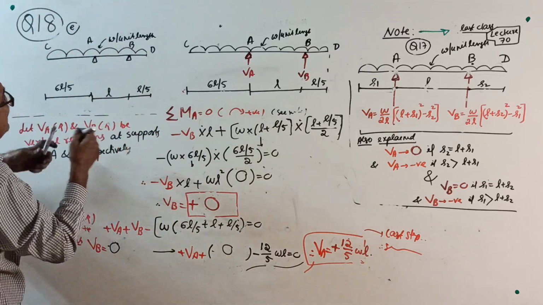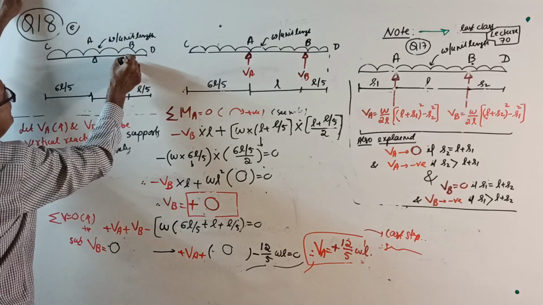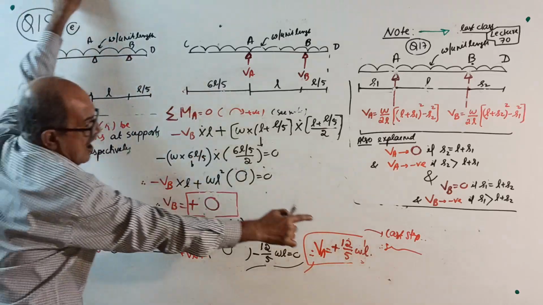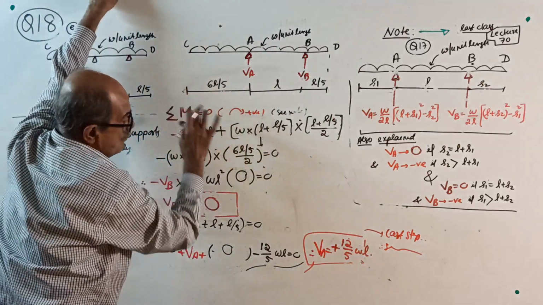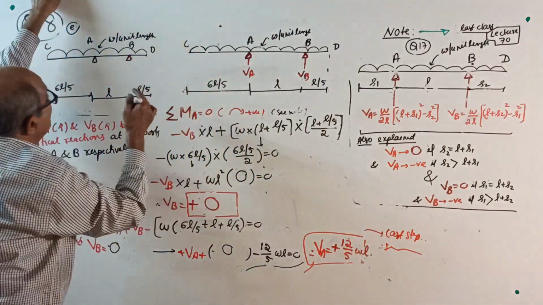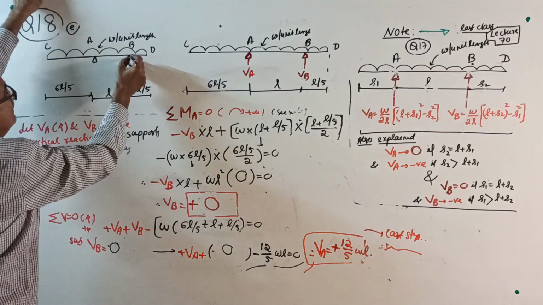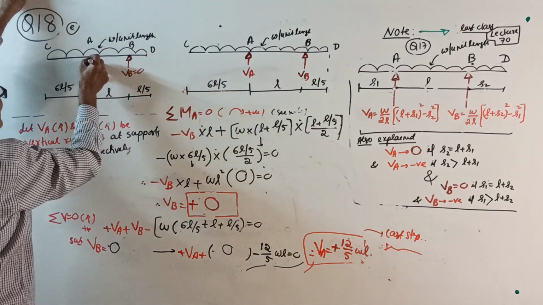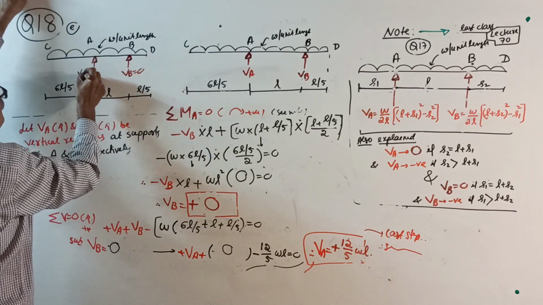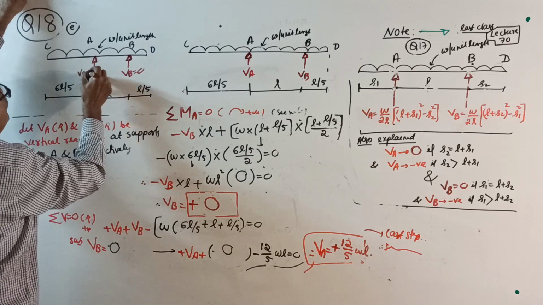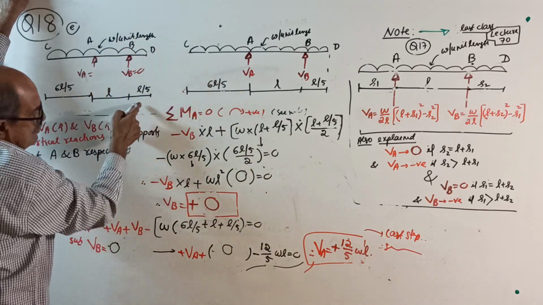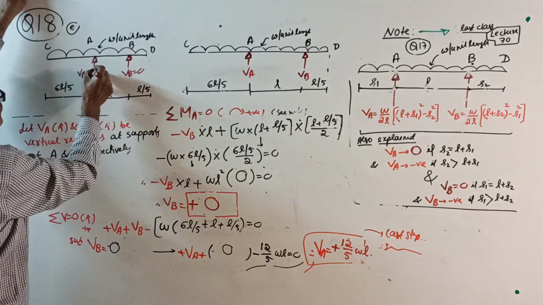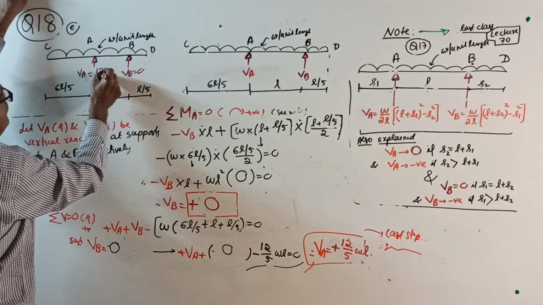Therefore, guaranteed, your VB equal to 0 and your VA will come full load. VA will come W into 6 by 5 plus L plus 1 by 5, which is 12 by 5. 12 by 5 WL will come.